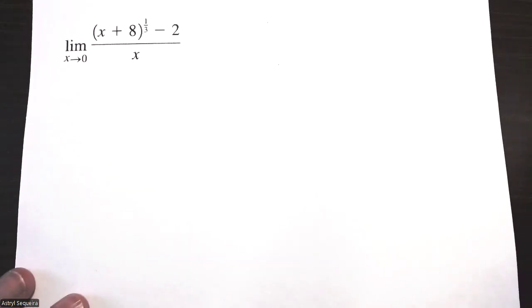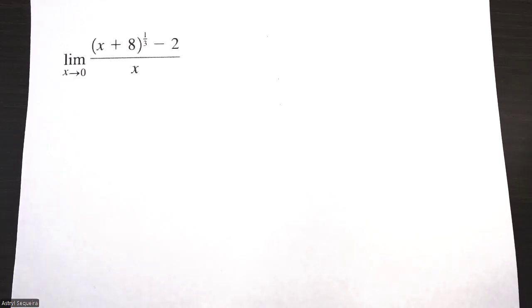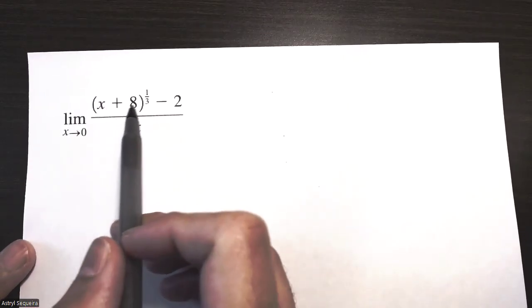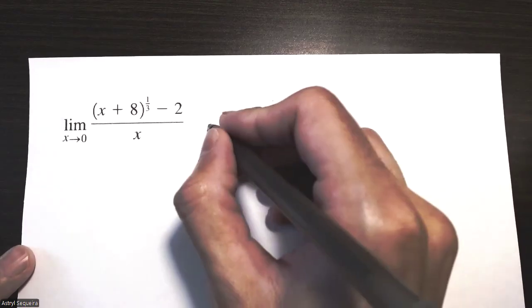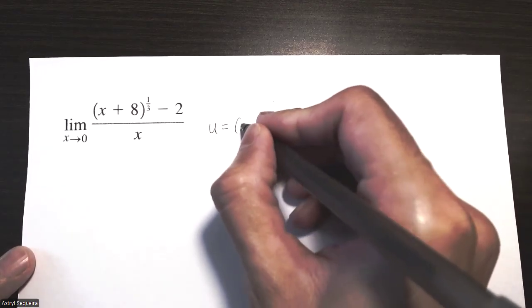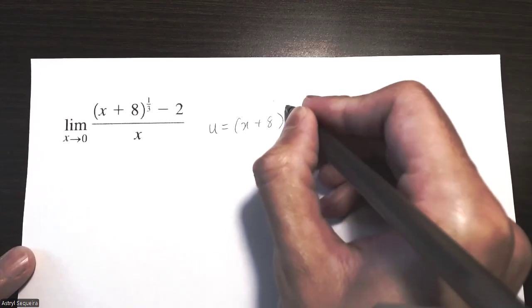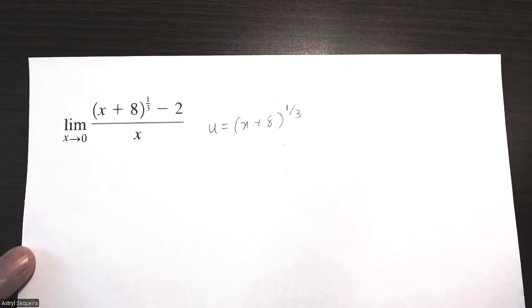So the third and final question of this video. Slightly more difficult one, but pretty similar idea here. In this one, they give us a bracket with x plus 8 to the power of 1 over 3. So my smallest exponent is 1 over 3. So I'm just going to make u equal to x plus 8 to the power of 1 over 3.